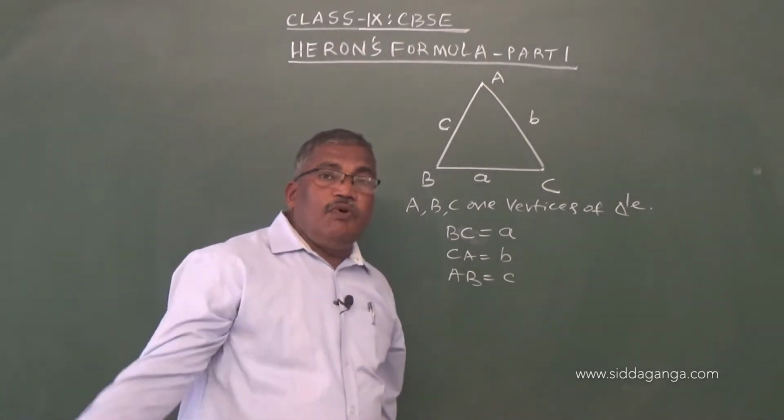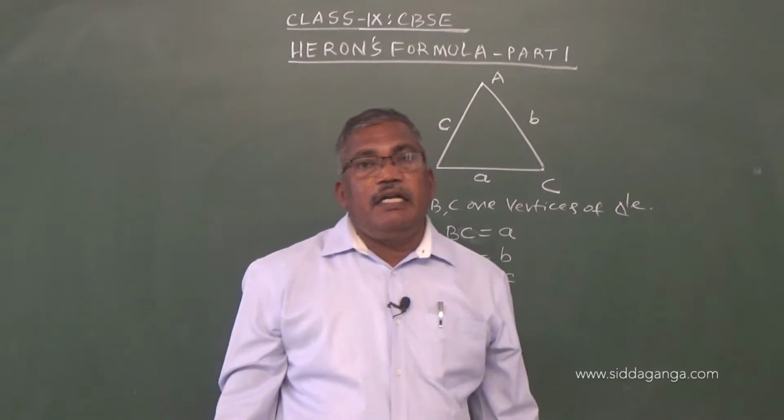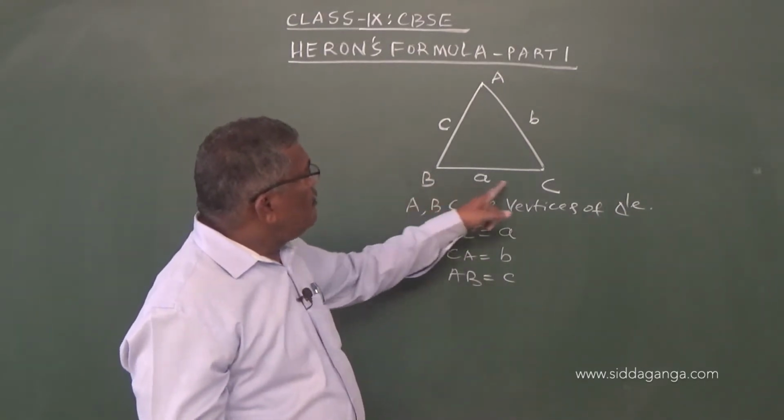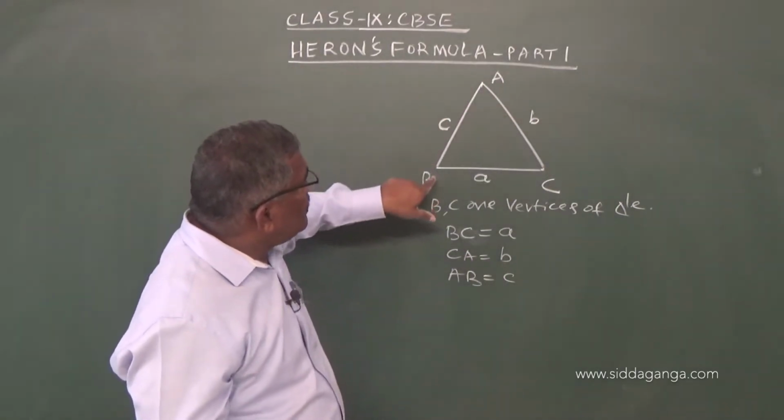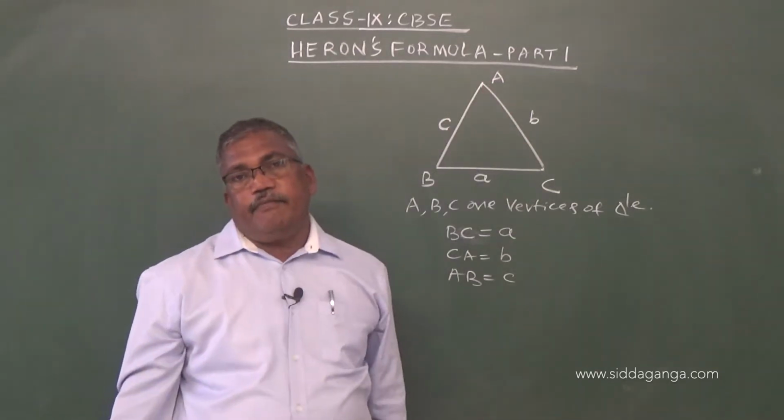And you know what the perimeter of the triangle is. Perimeter is nothing but the sum of the three sides, AB plus BC plus CA.